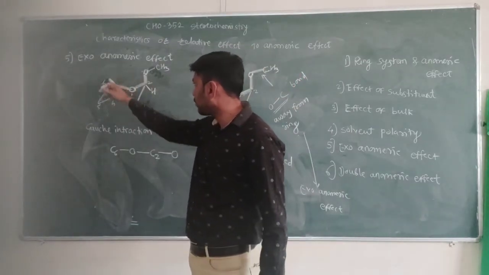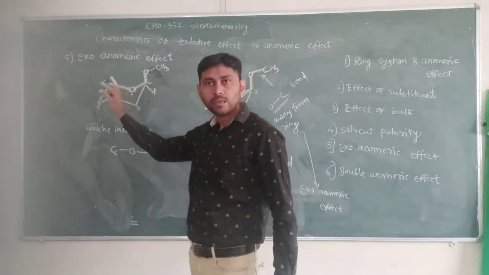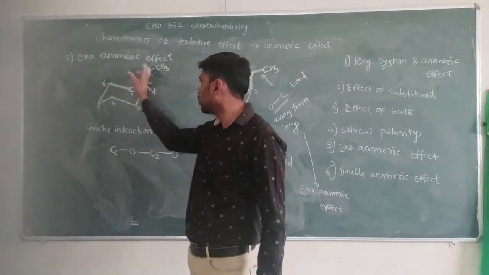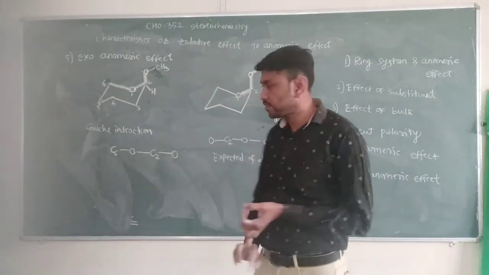So similarly 1,4 interactions are there, C6, O, C2 and O. There is a gauche type of interaction.